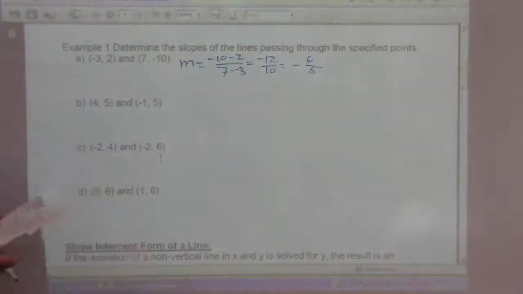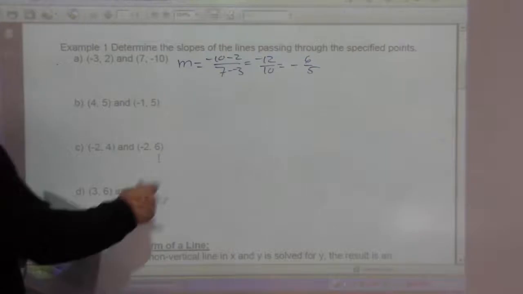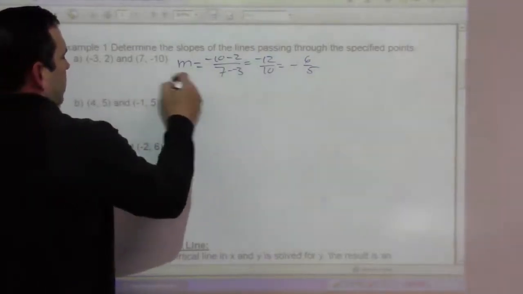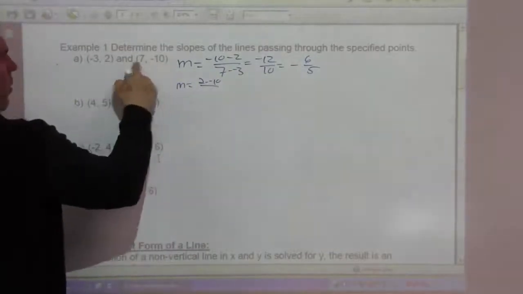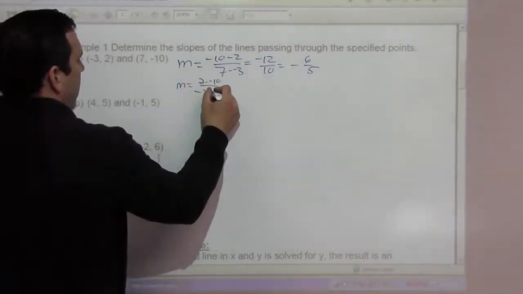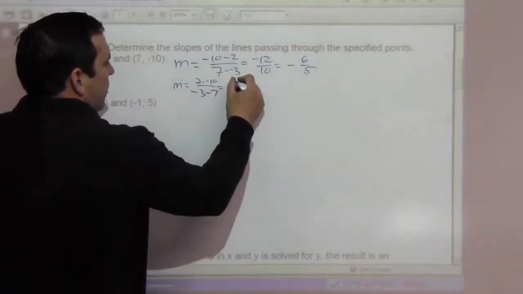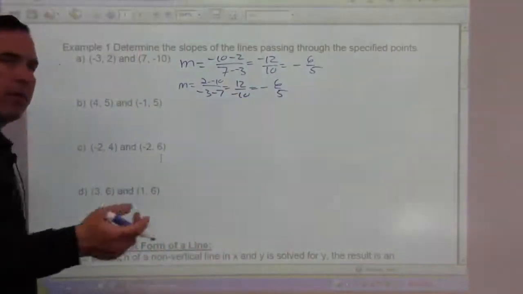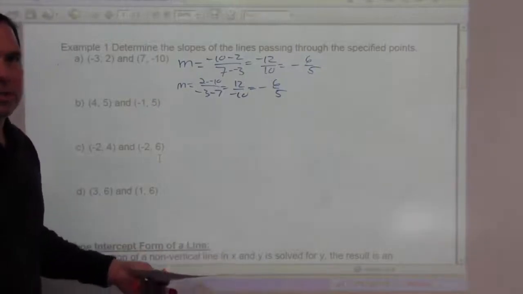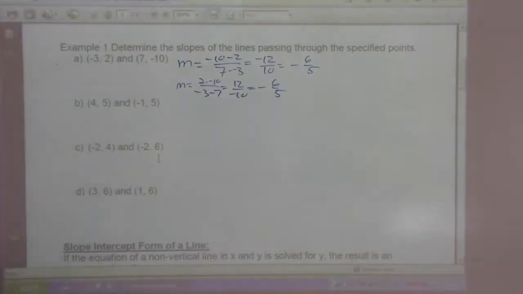Now it really doesn't matter which point you start with. I could have gone the other way around. I could have said, m equals 2 minus negative 10 over negative 3 minus 7. That would have been 12 over negative 10 and still negative 6/5. So you really have a choice. Whatever looks easier to you, it's going to be the same thing in the end.